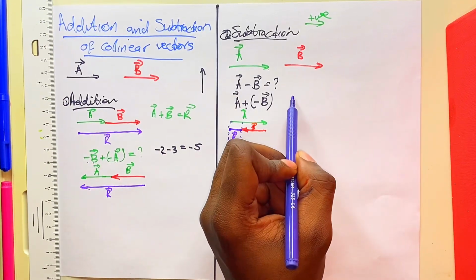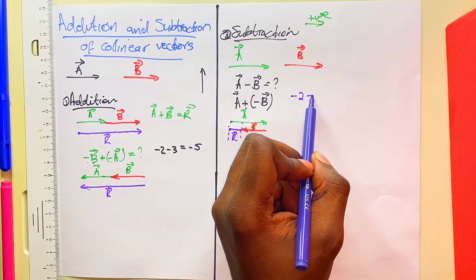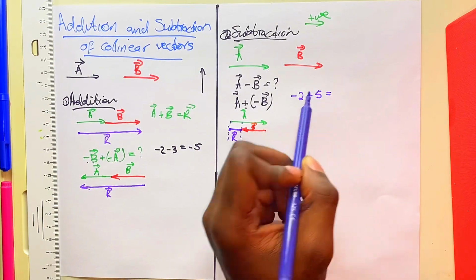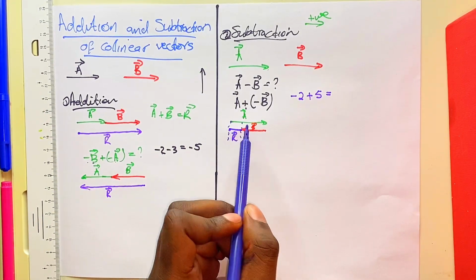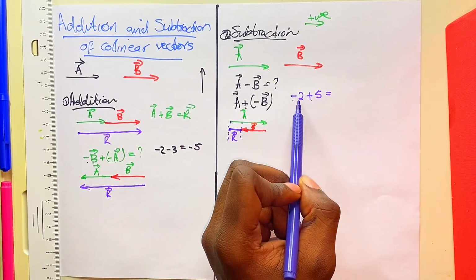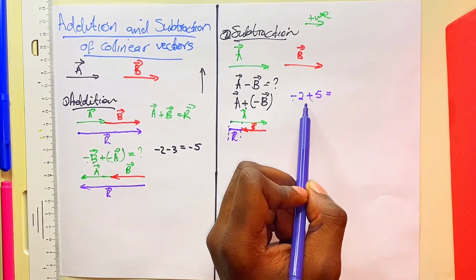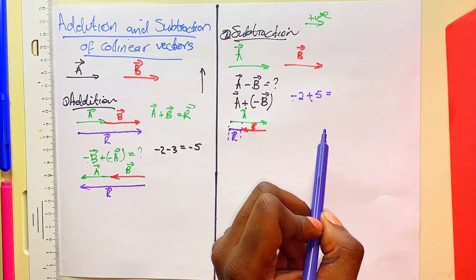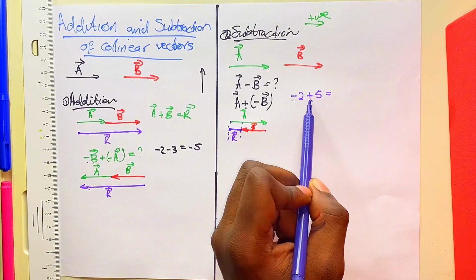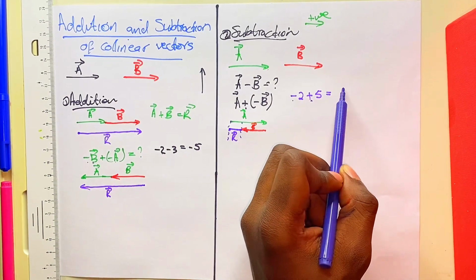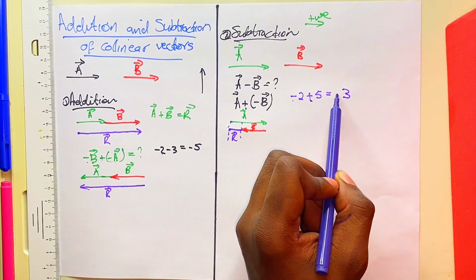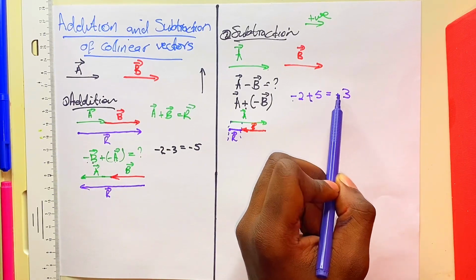If I have negative 2 plus 5, the same thing I did here. If their signs are not the same, we are going to subtract them and keep the sign of the bigger number, which means it will be 5 minus 2, which is 3, and we keep the sign of the larger number, which is positive 3.